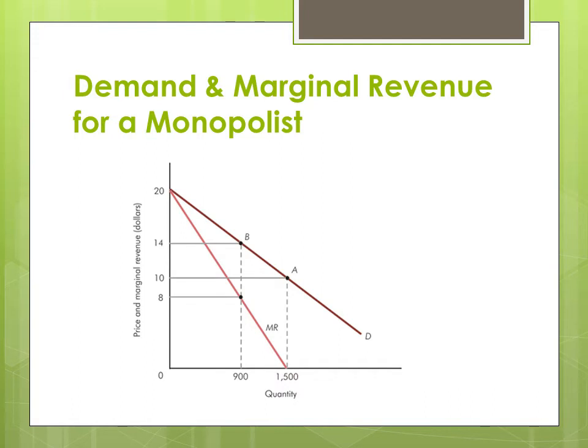So you can see that here the demand curve is above the marginal revenue curve because in monopoly and monopolistic competition the firm has market power and has full control over prices. That's why the demand curve is downward sloping. So you can see that the demand curve or average revenue curve is above the marginal revenue curve.